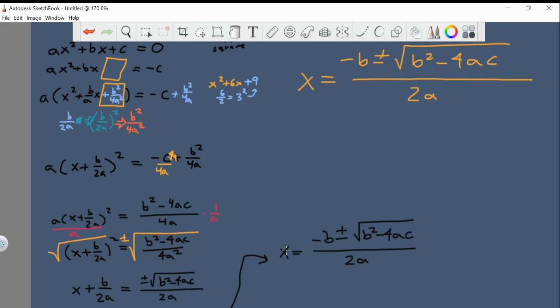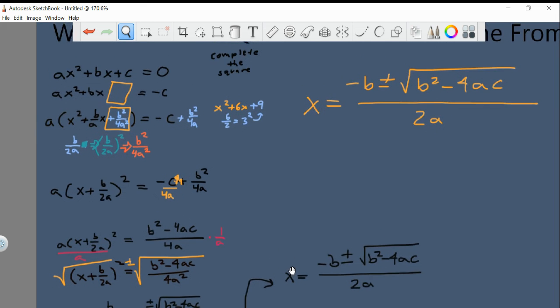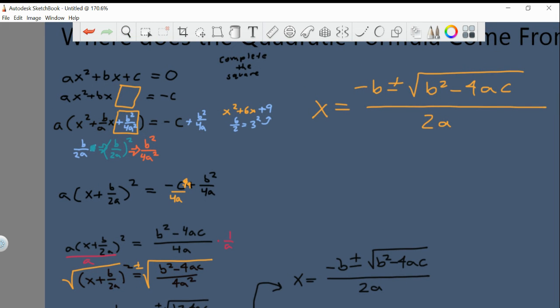The idea of the quadratic formula is that we know that quadratics are going to start out in standard form. And if we start with a, b, c, and we put them here, and then we do all of this process, it can be a mess.